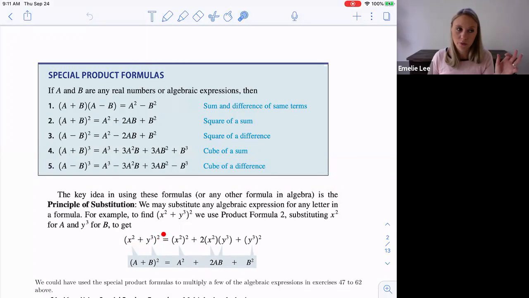which is going the other way. Then I can say, okay, if I have something squared, I've got one term and a second term. So this is going to be my A and this is going to be my B. So then I just take that x squared as my A, and then I can use this special product formula and just write it out.